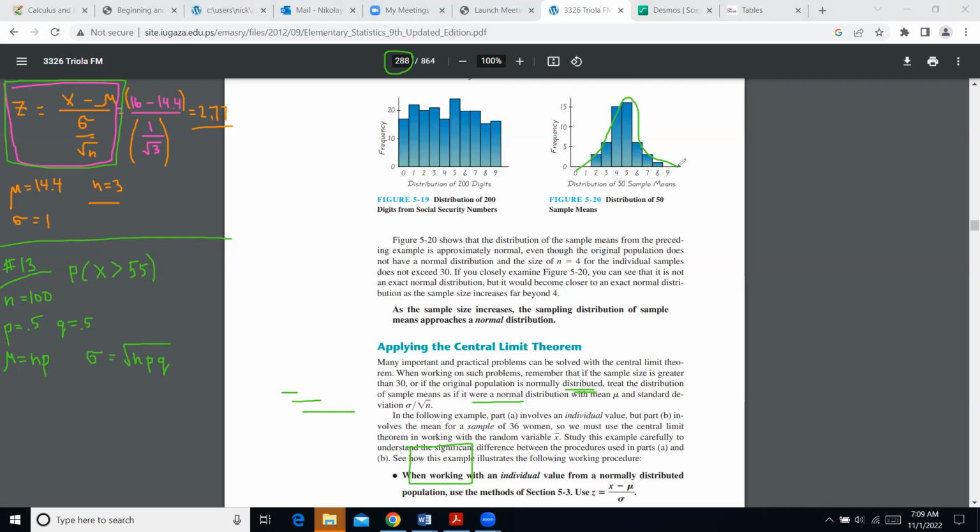But you need to have enough elements in your sample. People say usually if your sample is big enough, like we have here 100, it's more than 30 elements, then we can definitely use the approximation by normal distribution. So it should be just a large enough sample size. And that's the idea.